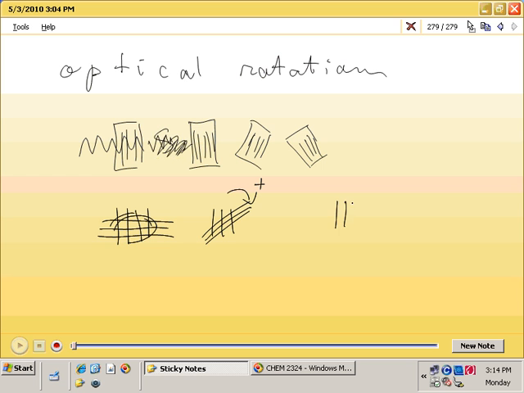But relative to the first filter, if you have to turn the filter in this direction to see something, that's called a minus rotation.